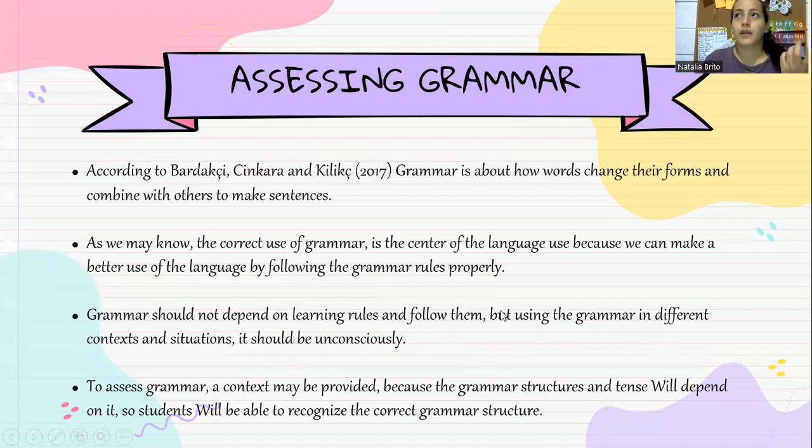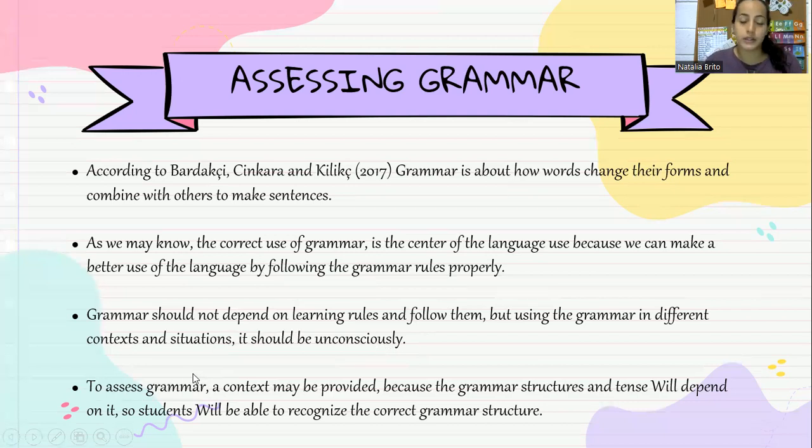Maybe we know the use of the grammar and we can speak like robots using the grammar rules properly, but according to the context, the situations, and the participants of the conversation, we have to use these rules, okay? Because the rules are used in different situations and also it should be unconscious. It means that we have to be fluent when we are talking, okay?